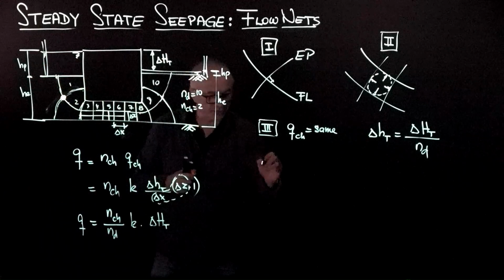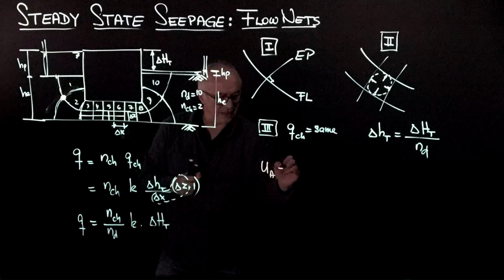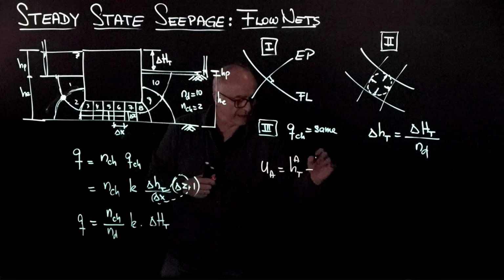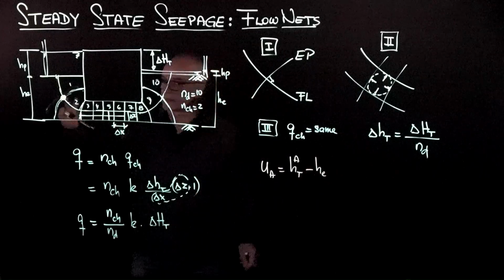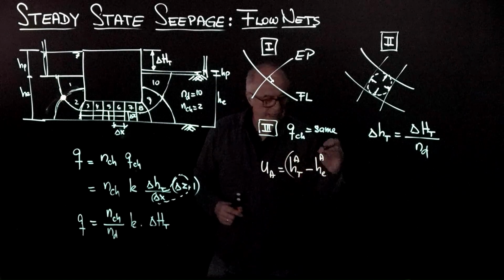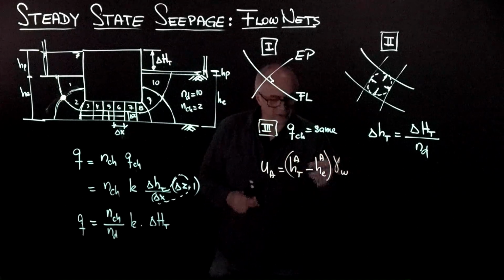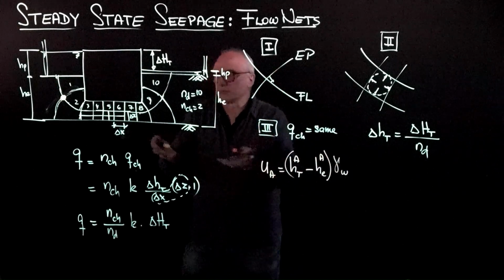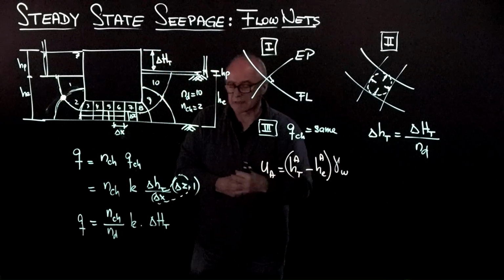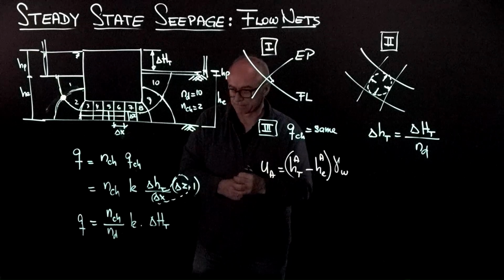So the pore pressure at a certain point A will be the total energy at point A minus the elevation, which you go and you measure with a ruler, the elevation at point A, times gamma water. And now you can compute the buoyancy effect, you can compute the effective stress, etc.